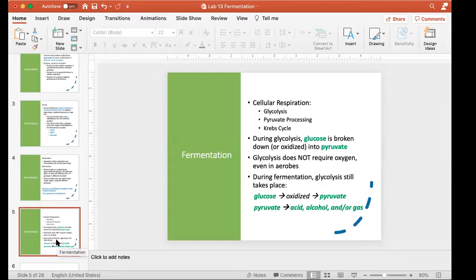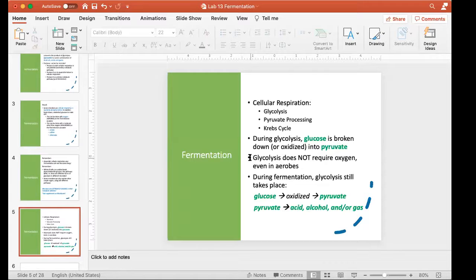All right, so respiration is a long series of reactions that fall into these three groups. Glycolysis comes first, pyruvate processing comes second, Krebs cycle comes third. During glycolysis, glucose is broken down, oxidized, or catabolized into pyruvate.